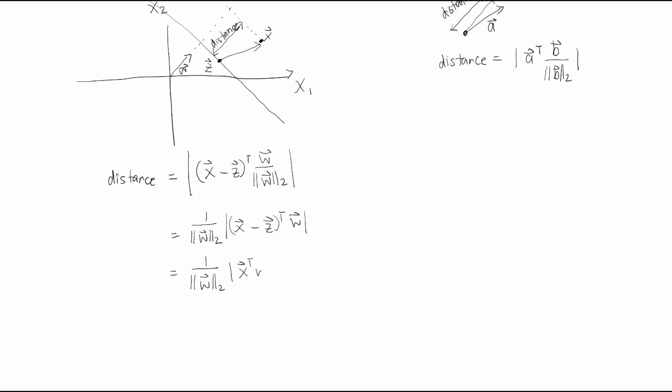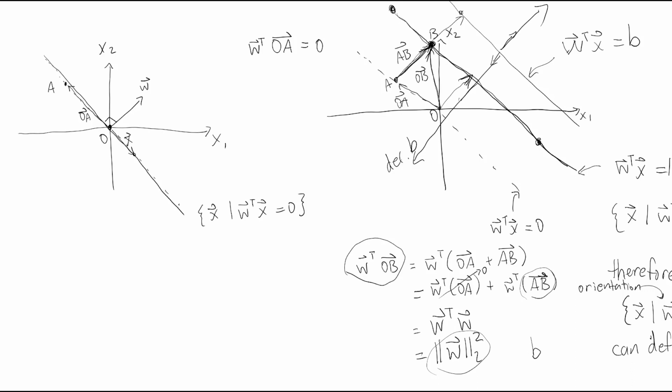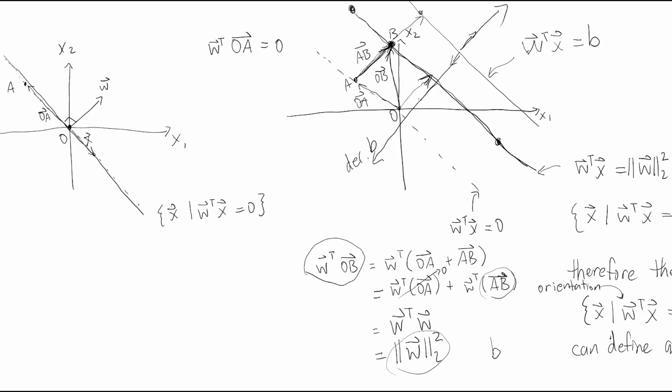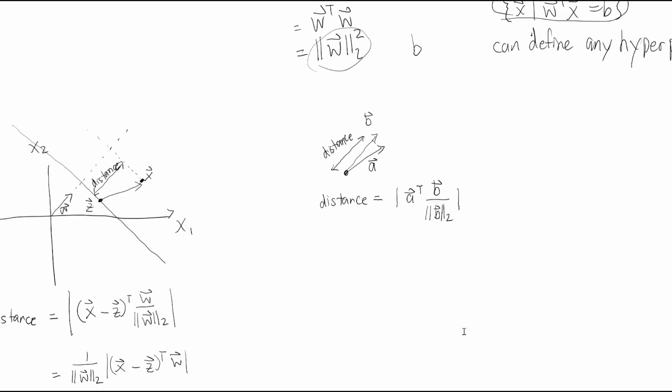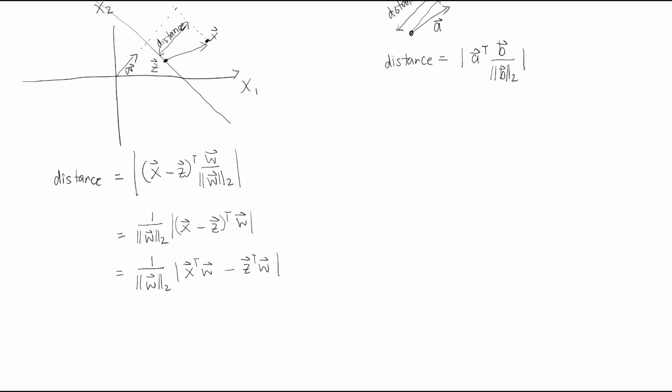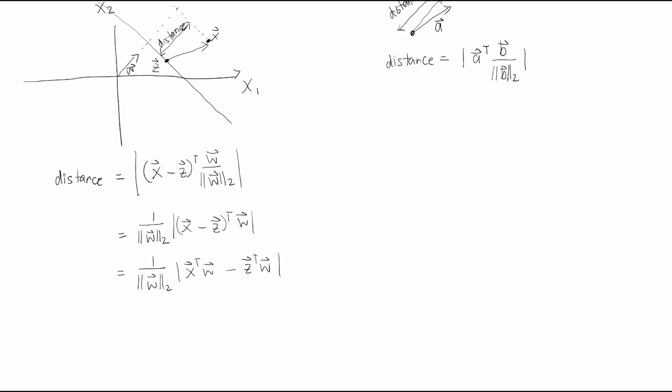And then we can continue by expanding out the transpose here. So that's going to be x transpose w minus z transpose w. Okay, or the other way, it doesn't matter. So previously we said that for any vector on the hyperplane, w transpose that vector will give us b, right? So that's what we said over here. So now applying that to our calculation, z is a point on the hyperplane.